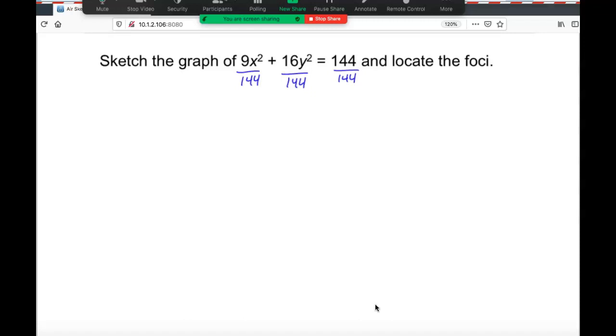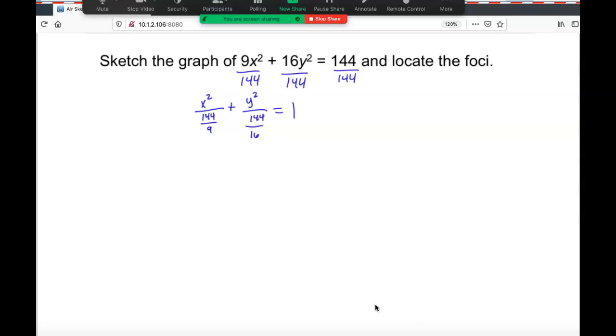Another way to write this is x squared over 144 over 9 plus y squared over 144 over 16 equals 1. If that confused you, just remember to simplify those, I would flip the denominator and multiply, and I'd be back to what I have in that first line.